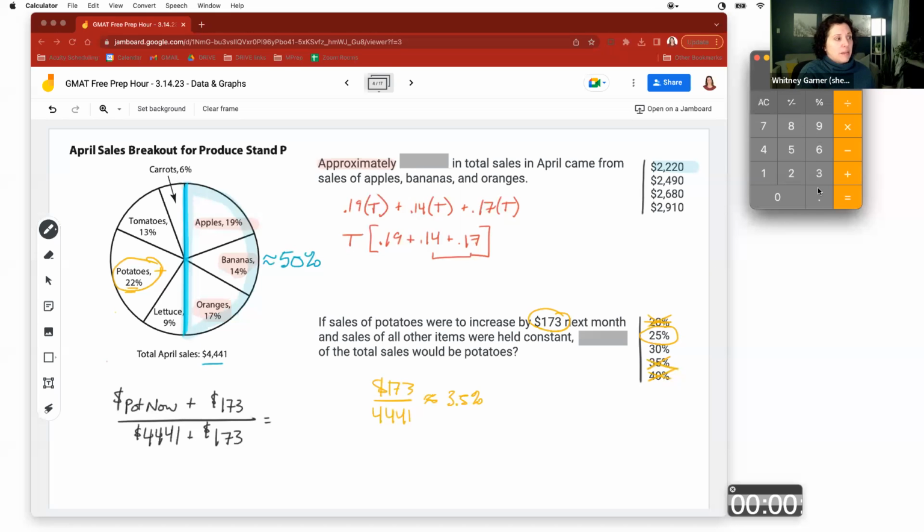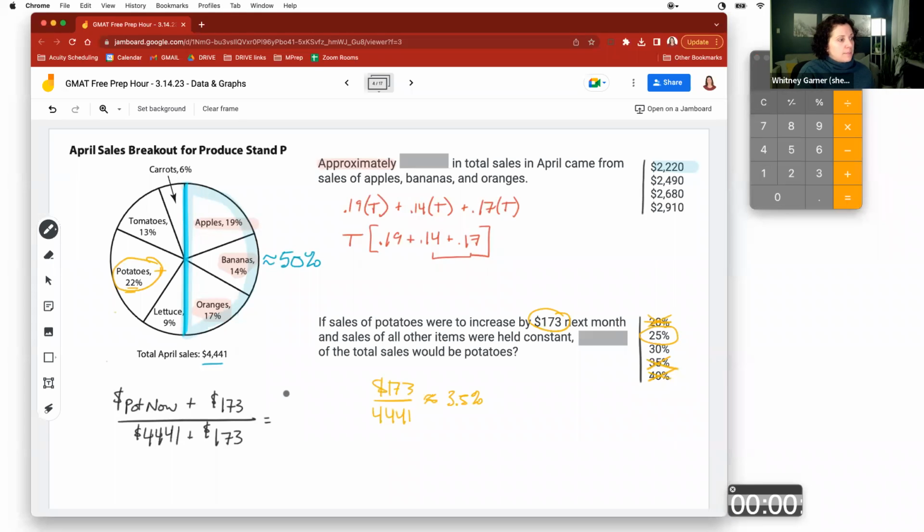Let me back it all up again. So this is why I hate using the calculator, side note, because every time you keystroke something incorrectly, you have to start all over. So I multiply that times the 4,441, and then I'm going to add to it 173.